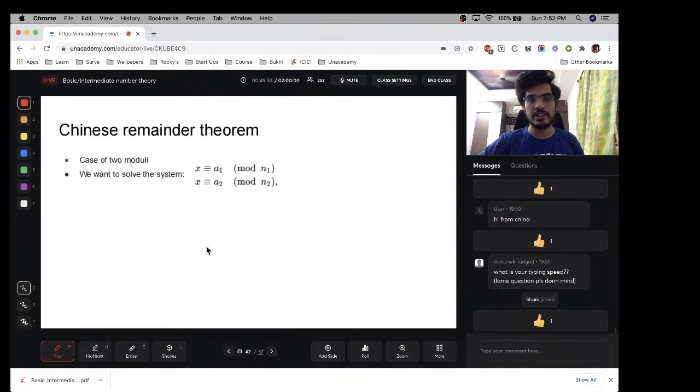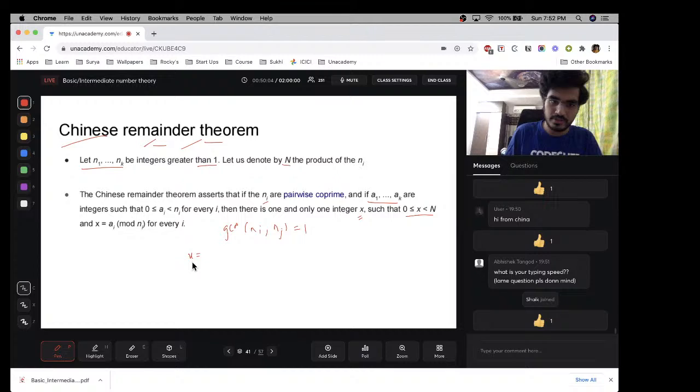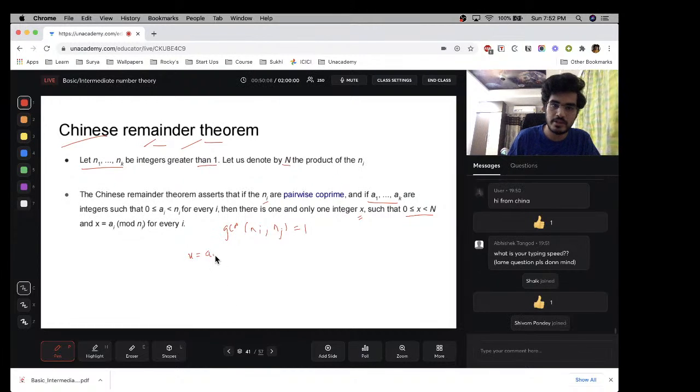In simple terms, we have x equals a1 mod n1.